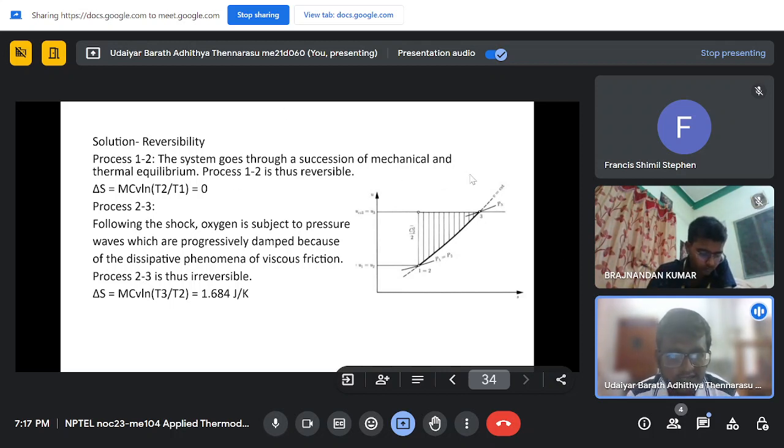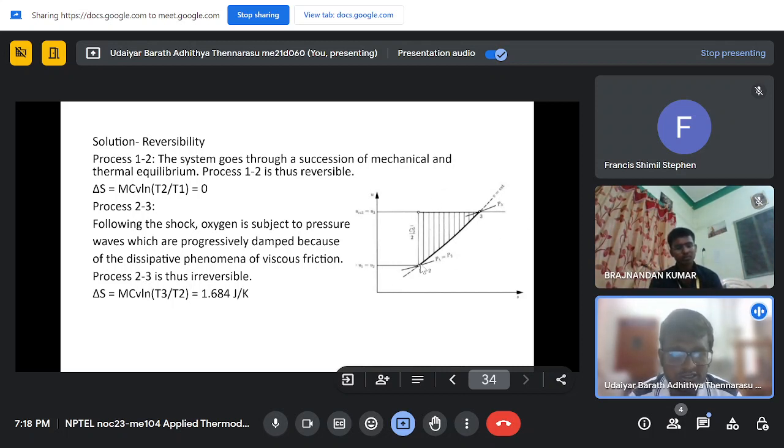What I've done is I've expressed this process in a U-S diagram. This is internal energy on the y-axis and entropy on the x-axis, just to get a feel of what's happening. In process 1-2, your internal energy is remaining the same. This is for the oxygen.